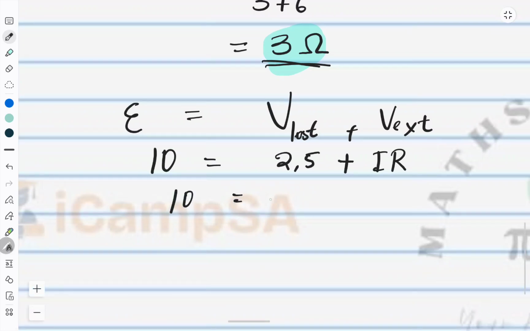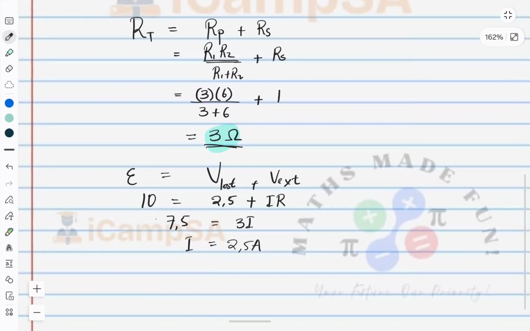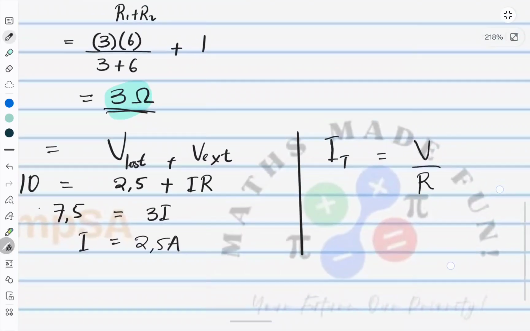So we have 10 minus 2.5 is 7.5, which is equal to I times R, which is 3I. So I is 7.5 divided by 3. I think you'll get 2.5 amps. Yes, 2.5 amps. Of course, you didn't have to use this formula. Alternatively, you could have said that the total current is simply the total voltage divided by the total resistance.